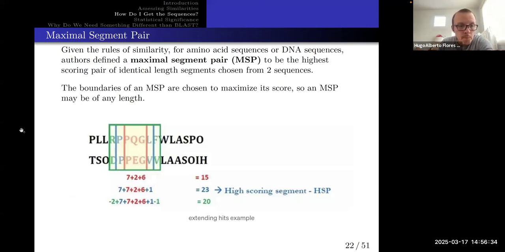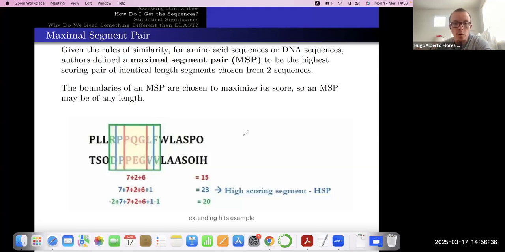For instance, imagine that you are comparing two sequences, and you have this short piece here. I'm going to write down exactly the same letters that you have to the left: L, F, and W. I'm considering this bunch until here.